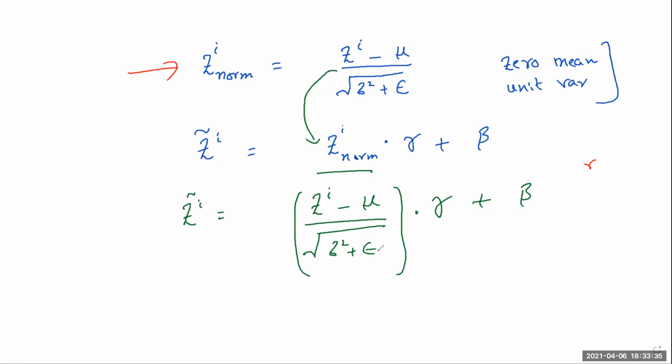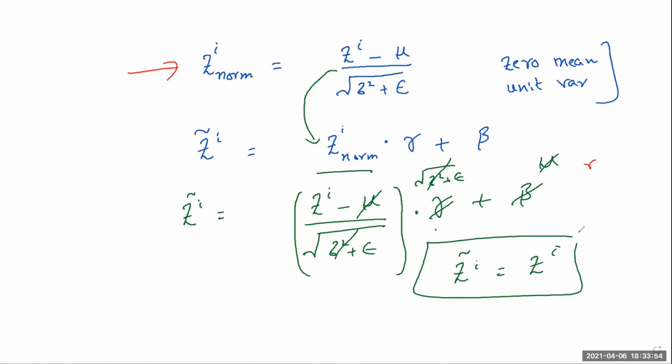Now, suppose gamma comes out to be this thing, just a special case, and beta comes out to be close to mu. So what will happen? This mu and this mu will cancel out, and Z_i tilde will be Z_i, which means there is no normalization applied.